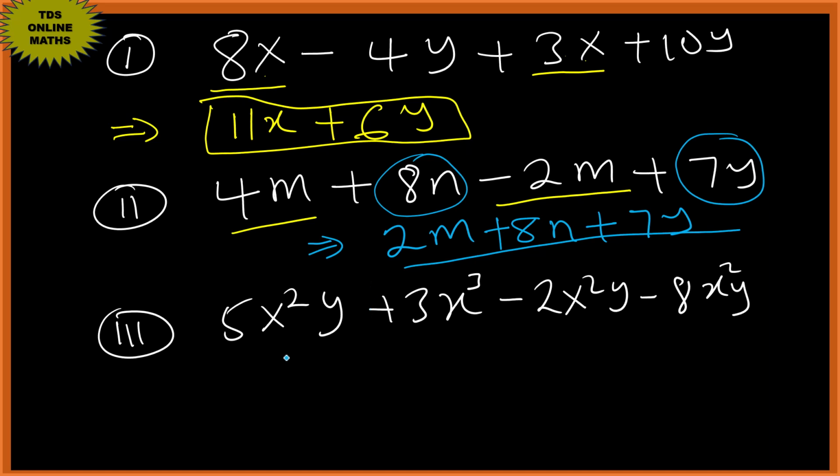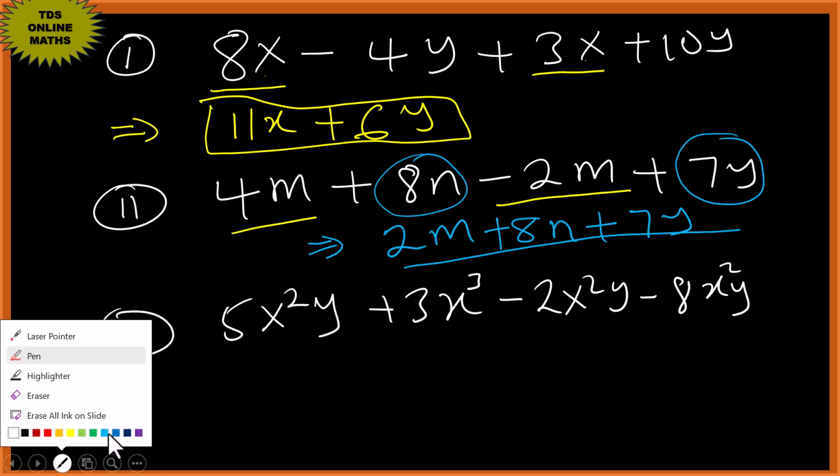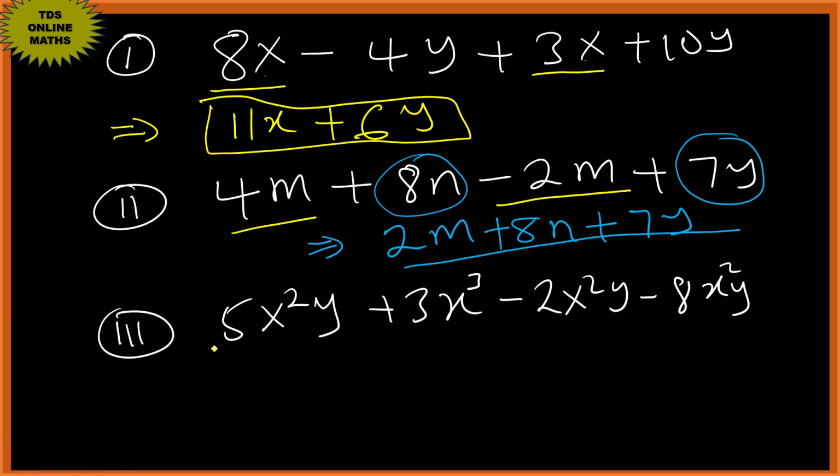Now let's look at the last example here. Let's look at the terms that are like. So we have x squared y, then x squared y. So let's put them together.